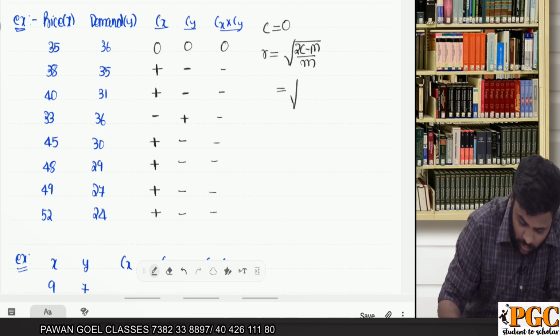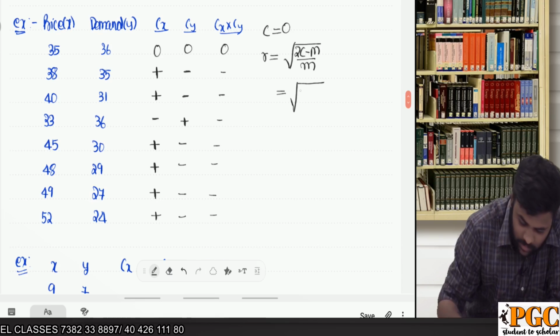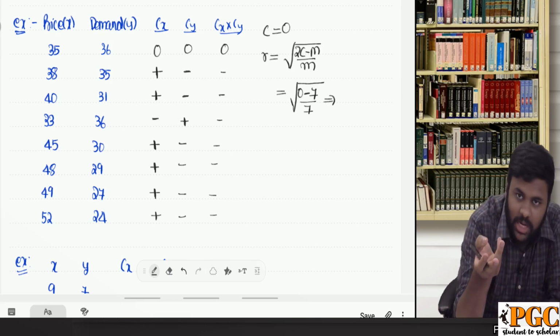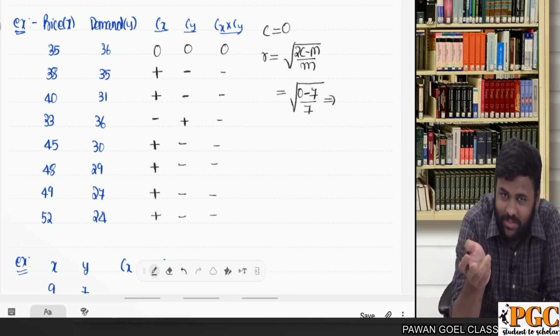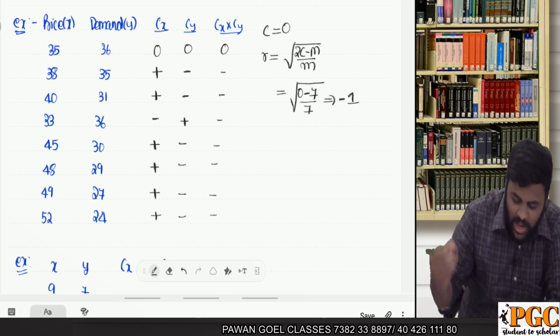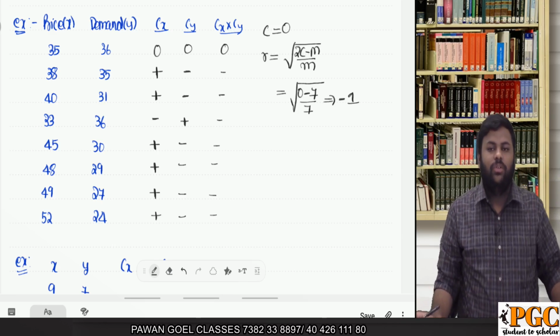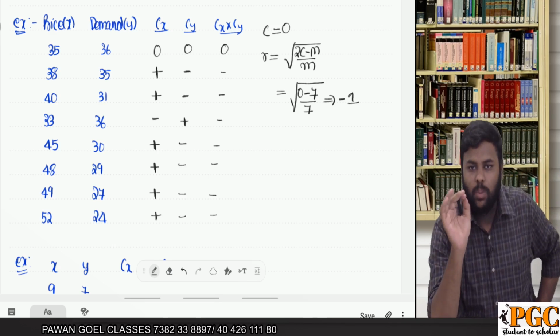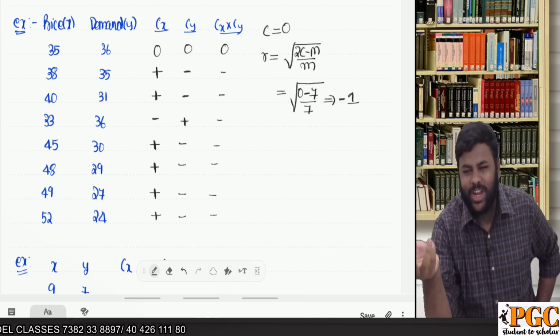So root of 2c, that is 2 into 0, 0, minus 7 by 7. Since inside, 2c minus m is minus 7, which is less than 0, outside symbol should be minus, and coefficient of correlation is supposed to be minus 1. Okay, that is perfect negative correlation.